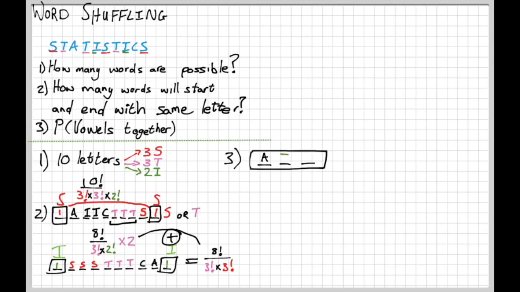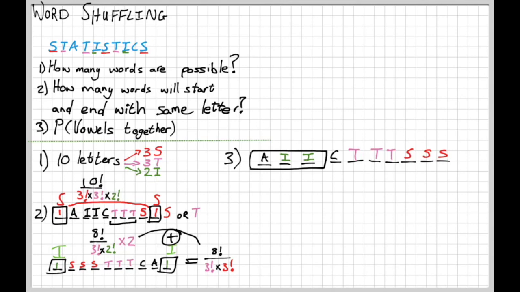So I'm going to put my A, my I, and my I in a box, and the rest I'm going to see at the back floating: the C, the T, the S, and the other S. The box doesn't have a fixed position, so I'm going to see that box as being 1 unit initially.